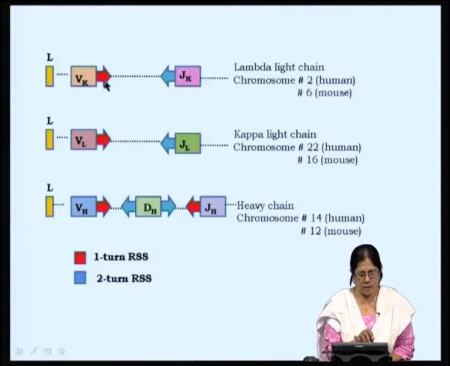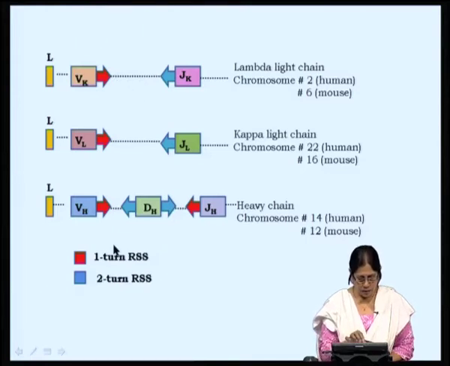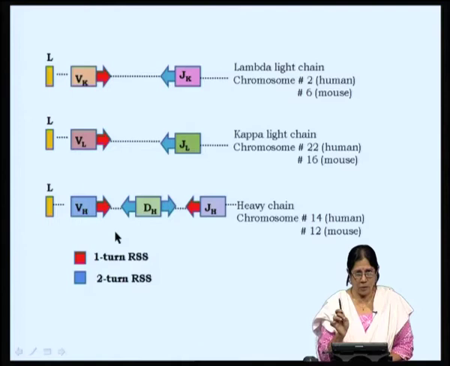You have two sets of these recognition signal sequences, and it is a rule that recombination or joining would take place only between two different RSS, one which is a one turn RSS, corresponding to one turn of the DNA helix, and the other a two turn RSS.